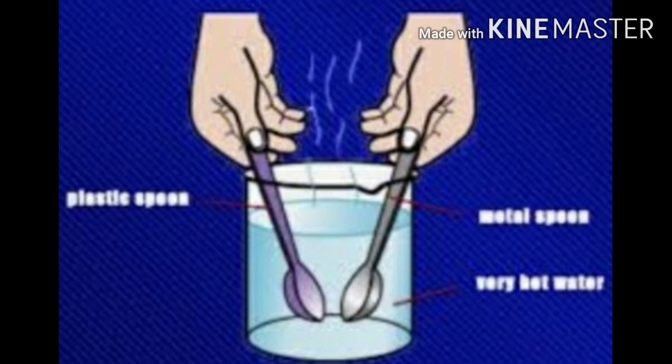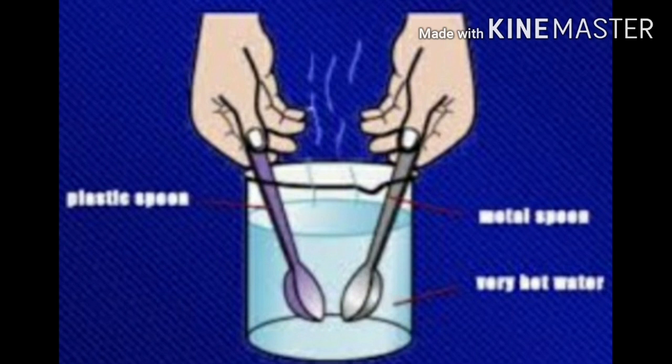You will find that the top end of the metal spoon feels hot, but the top end of the plastic spoon does not feel hot. This is because heat from the hot water flows easily through the metal spoon and reaches its other end.